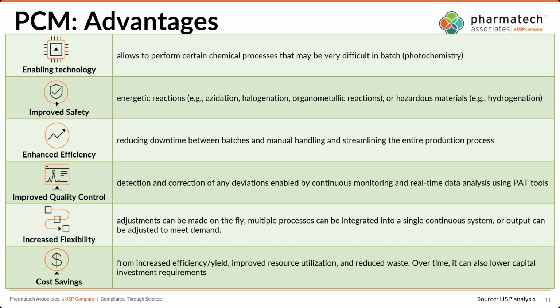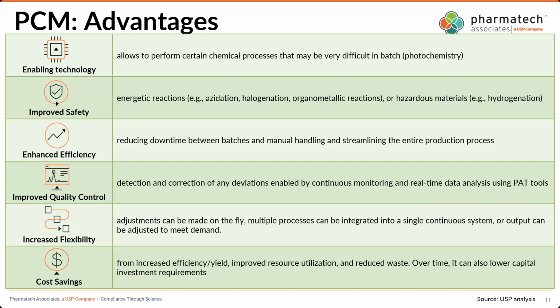So in the context of pharmaceutical manufacturing, enabling technology plays a crucial role in enhancing the safety of your processes, the efficiency and the quality. Now, when I'm saying it enhances the efficiency, it's not only the process efficiency, but also your operational efficiency, like reducing the downtime between batches and manual handling of your entire production processes.